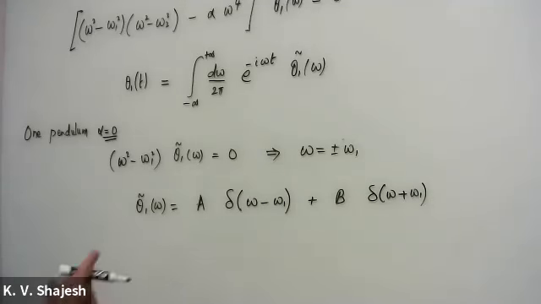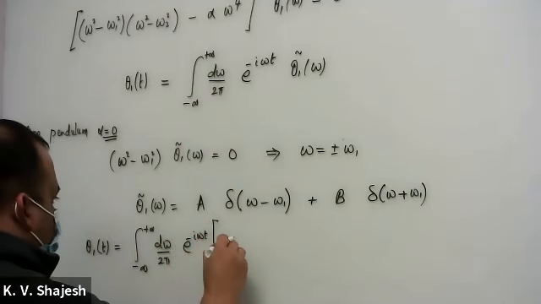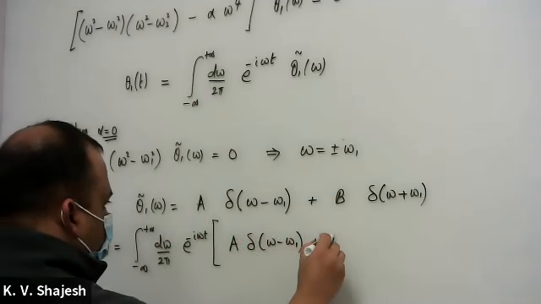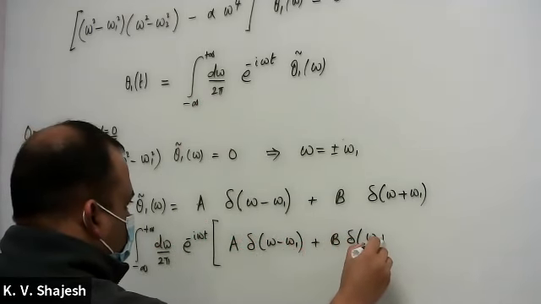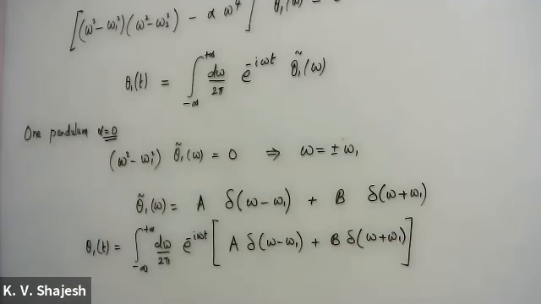If that is the case, I substitute that and put it back in our function. Theta 1 of t is equal to the integral from minus infinity to plus infinity of d omega over 2 pi, e raised to minus i omega t, and I substitute A times delta function of omega minus omega 1 plus B times delta function of omega plus omega 1.